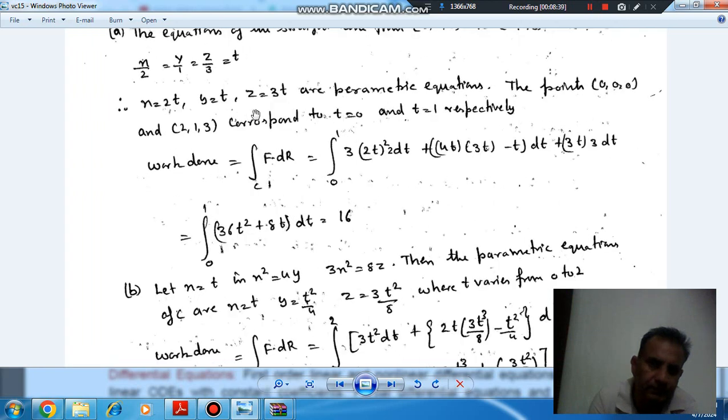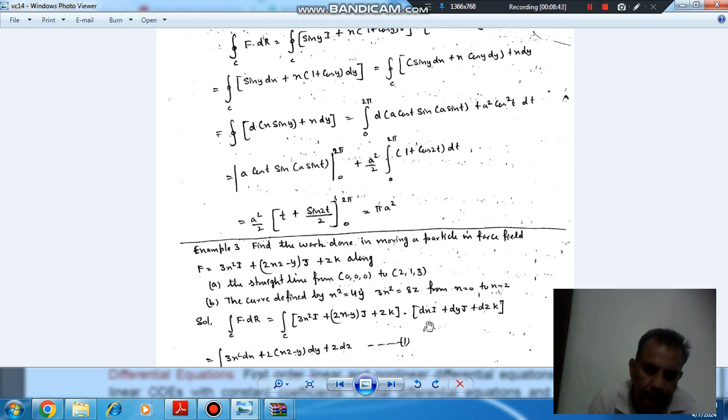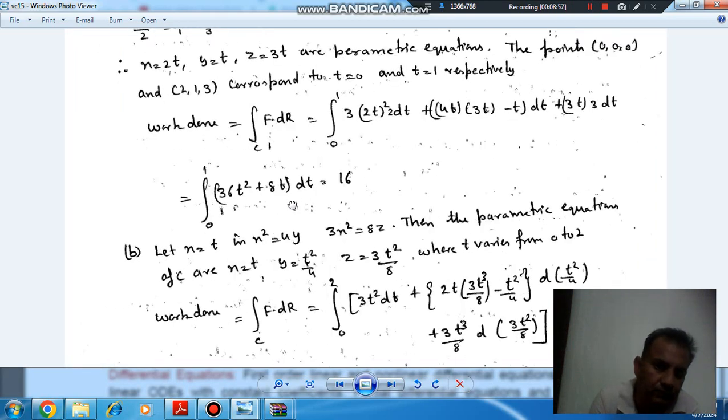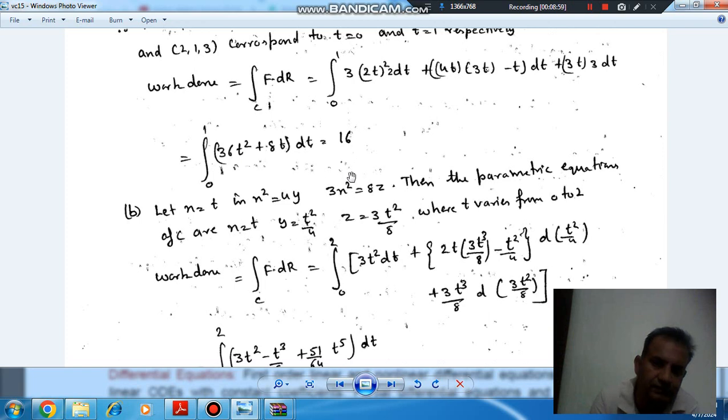And similarly here there was z, so it is 3t into 3 dt. So now the limits of t are 0 to 1, because y is equal to t, so after integration we will get answer 16.